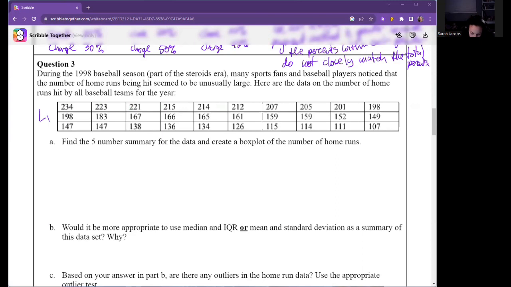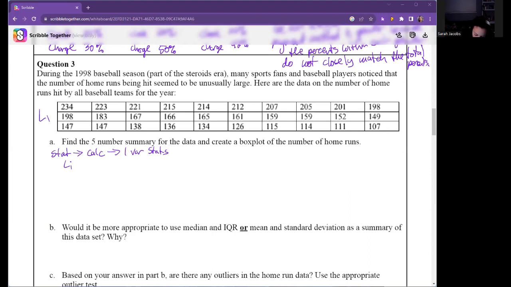So find the 5-number summary of the data. Once you've got your data in list 1, click the stat button and go over to calc. And this is going to be one variable statistics. Stat, calc, one variable statistics. Your list is list 1.